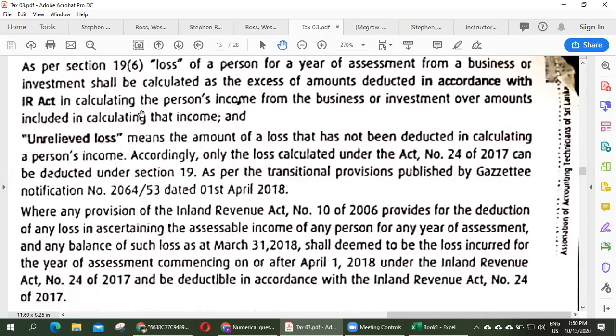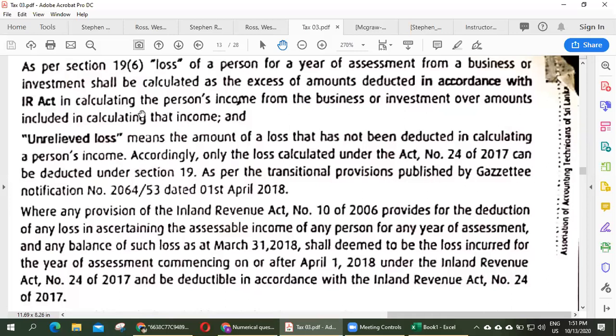Accordingly, only the loss calculated under Act number 24 of 2017 can be deducted under section 19, as per the transitional provision published by the Gazette notification dated 1st of April 2018. So there are some conditions. The earlier act was number 10 of 2006.